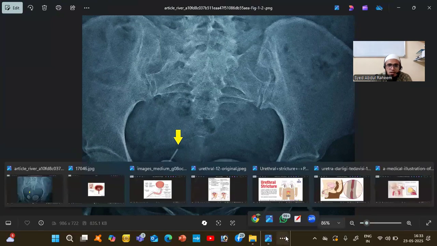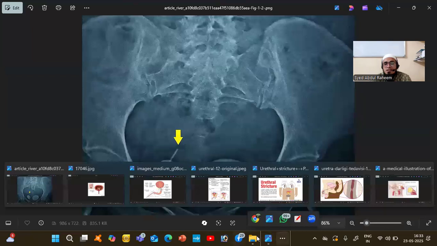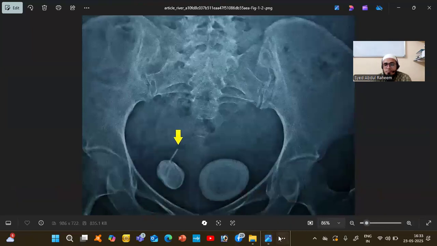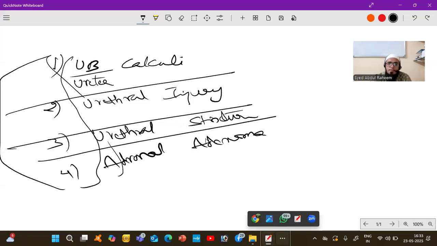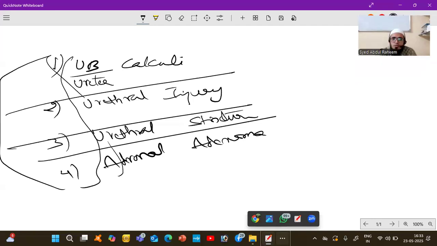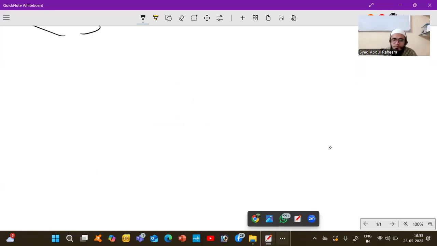Next common type of disease. What is the investigation of choice in a urinary bladder or ureter calculi?